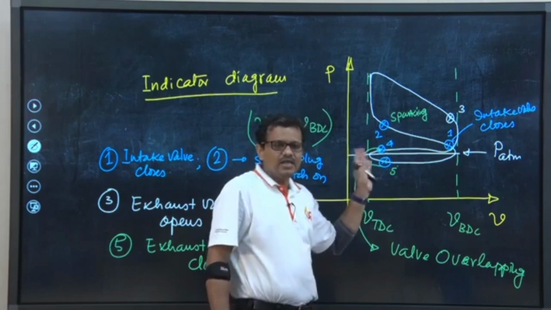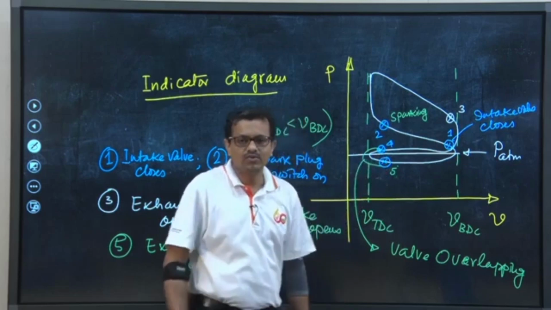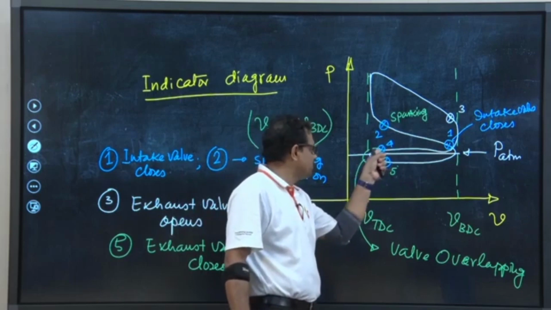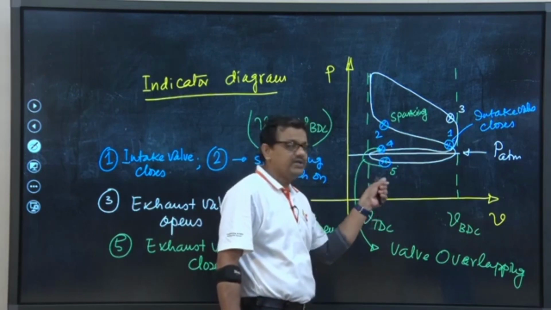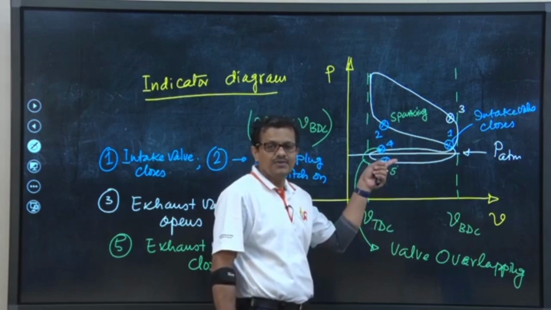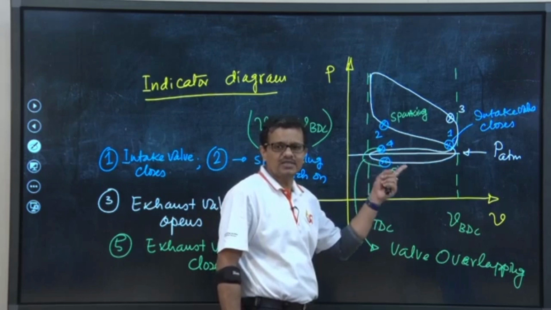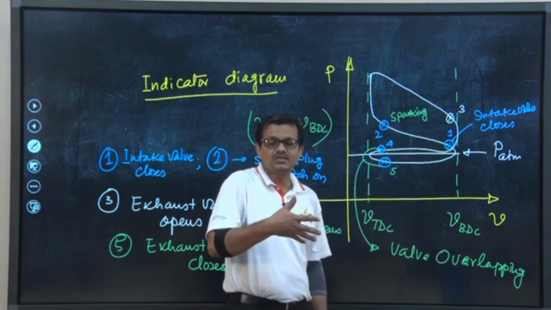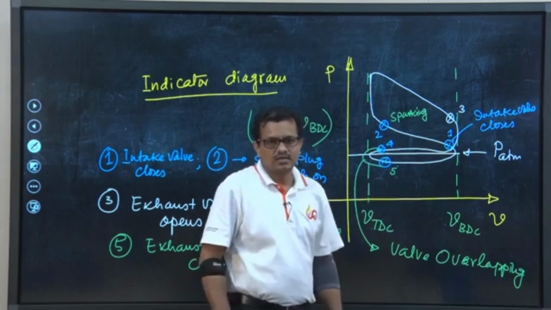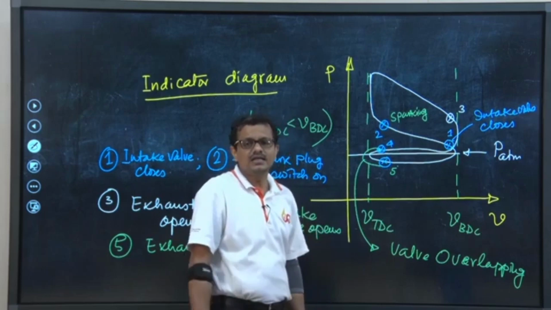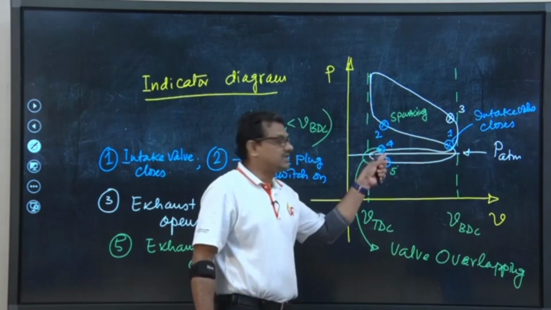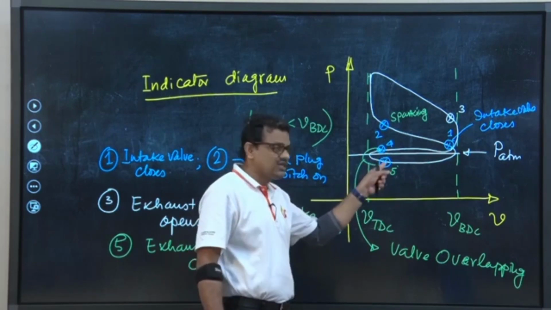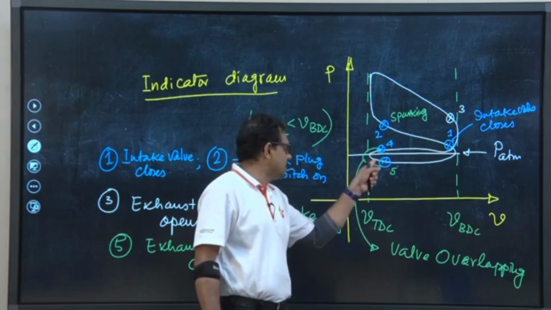The need of allowing both valves to remain open we have discussed, because we are allowing the intake valve to open when the piston is a little away from TDC during the end of the exhaust stroke, because if we do so, then fresh charge or fresh air will come, and that fresh charge or fresh air will allow the combustion gases which will otherwise remain there in the clearance volume to go out from the engine cylinder, because the exhaust valve is already open.